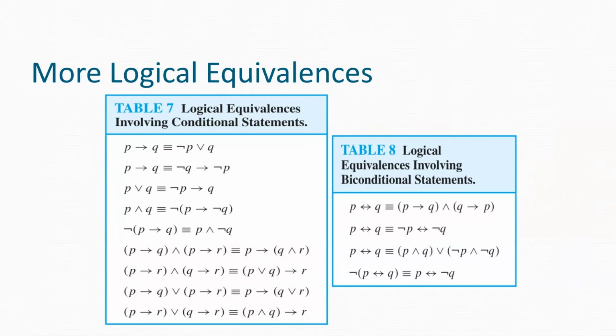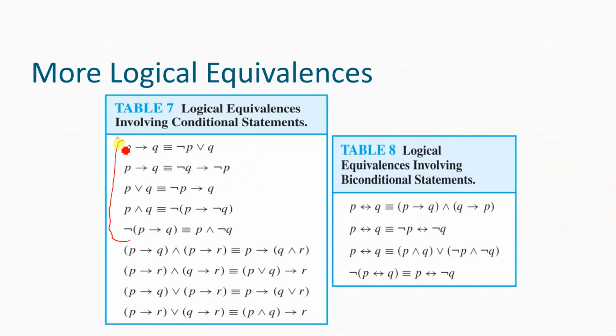Now there are a few more logical equivalences. Table 7 shows the logical equivalences involving conditional statements, and table 8 shows logical equivalences involving biconditional statements. These equivalences will be used in further applications, so if you can learn them by heart, or remember all of these, it will be very good, because you have to apply these laws to prove equivalences without using truth tables.